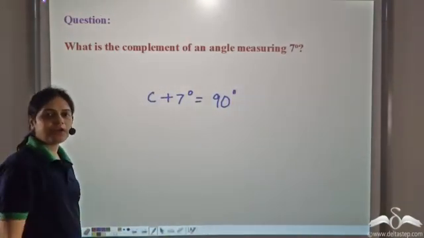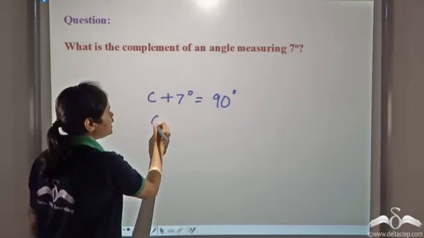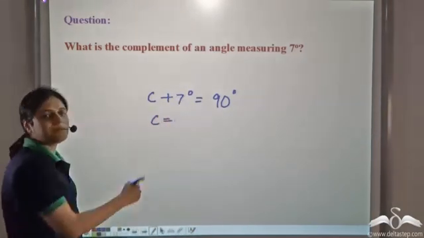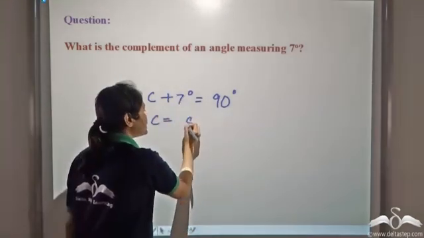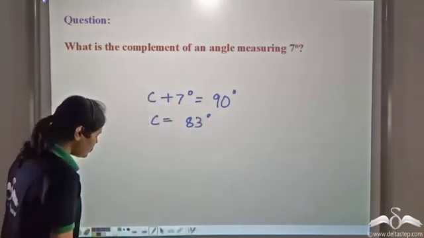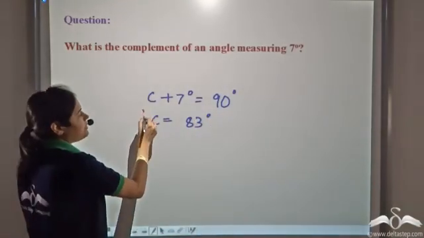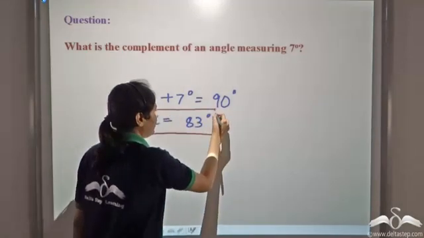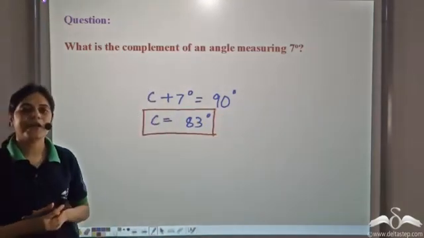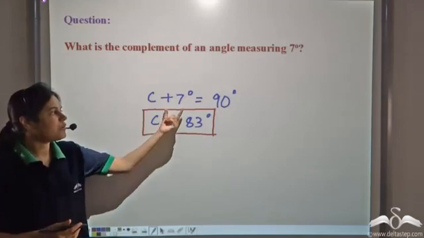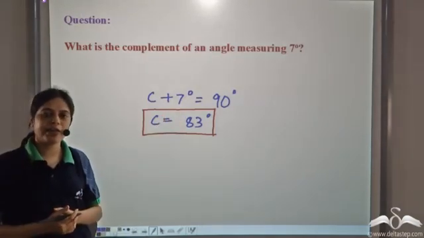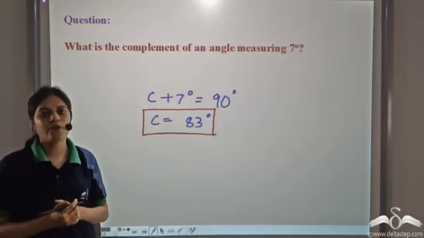We need to find the value of this. So C is equal to 90 minus 7, which is 83 degrees. So the complement of 7 degree angle will be an angle measuring 83 degrees. So we can find the complement of any angle by subtracting it from 90.